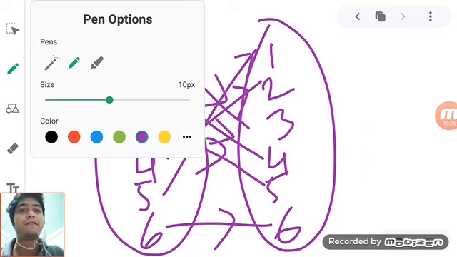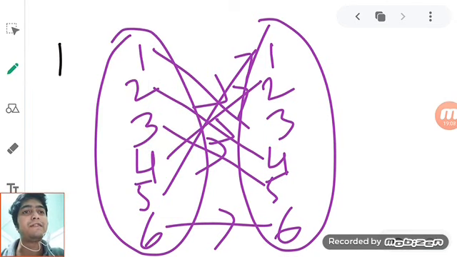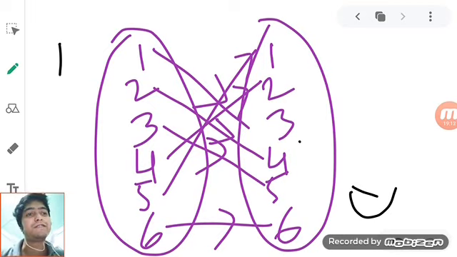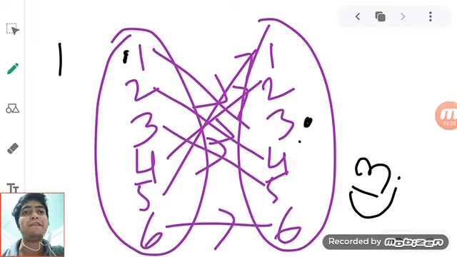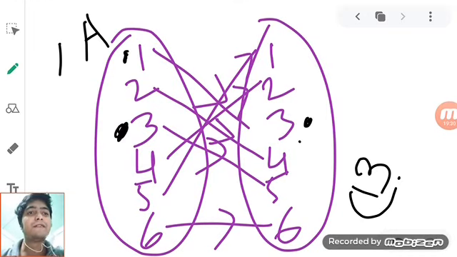This is how we will do it. 1 goes to 3. Start with the number 1. Always start with the smallest whenever you can. 1 goes to 3. So over here now we are having the number 3. So 1 and 3 have been used. Now it starts with 3, so you go again to the set A. Look at 3. 3 goes to 5. 3 from set A goes to set B, 5.